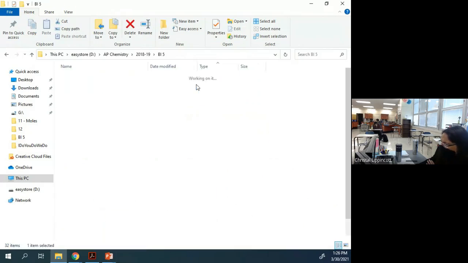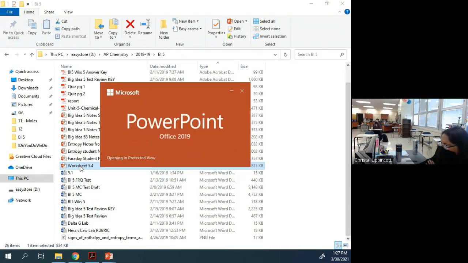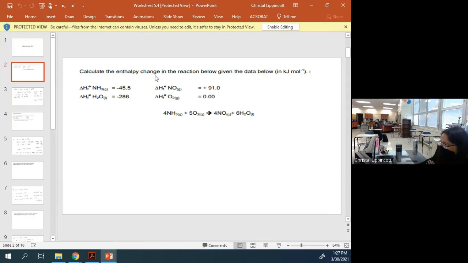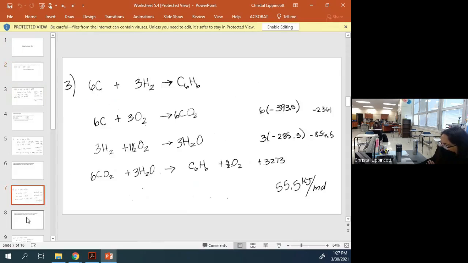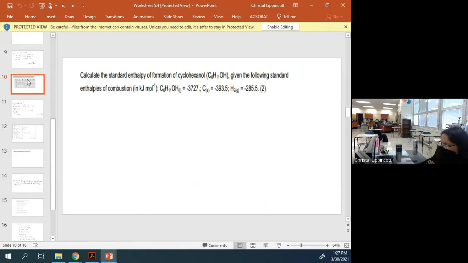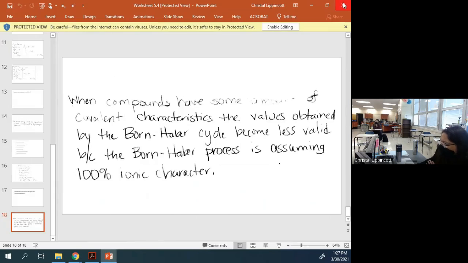That would have been big idea 5 that year. Is there any on this? It's enthalpy change. It's all enthalpies. We've done that before.